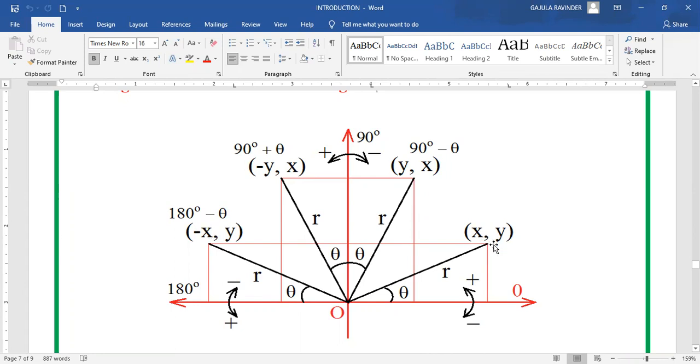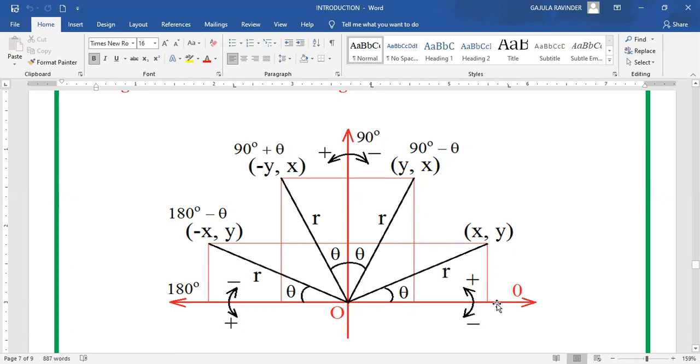Now here, when this is the point x comma y on the terminal ray of theta, the point at the same distance r on the terminal ray of 90 minus theta will be taken as y comma x. Here x comma y are positive in the first quadrant. So this 90 minus theta also lies in the first quadrant, but the coordinates will be interchanged. Why, sir? For this point, the distance from the x-axis will be the same as the distance of this point from the y-axis, because this distance is equal to this distance.